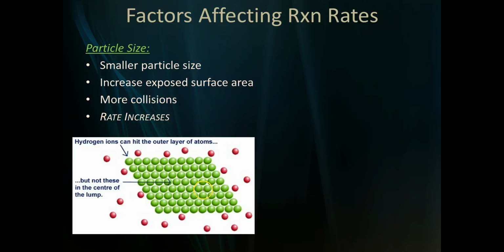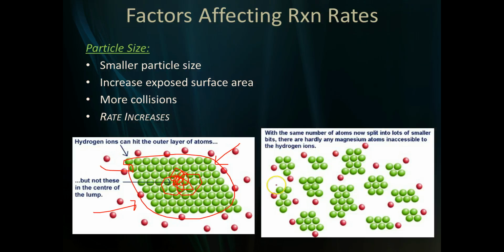So here this would be like your solid Alka-Seltzer tablet, and the water can only hit the outside of it. That's it. Can only hit the outside. So all of these molecules in here are protected. So it takes longer for the reaction to occur. But when you break it up into the crumbles or the powder, now the water can get on the outside and it can get on the inside, and so more collisions, increasing the rate.